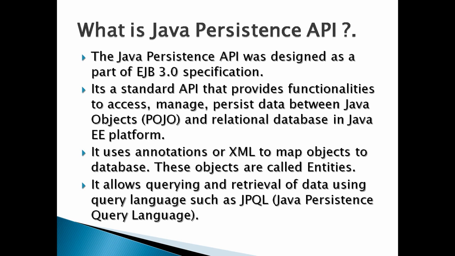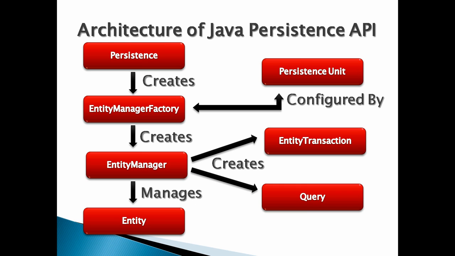Moving ahead, let's discuss the architecture of JPA, Java Persistence API. The architecture starts with the class Persistence. The Persistence class is in the package javax.persistence. This class has a static method to create Entity Manager Factory. Let's move ahead to Entity Manager Factory.